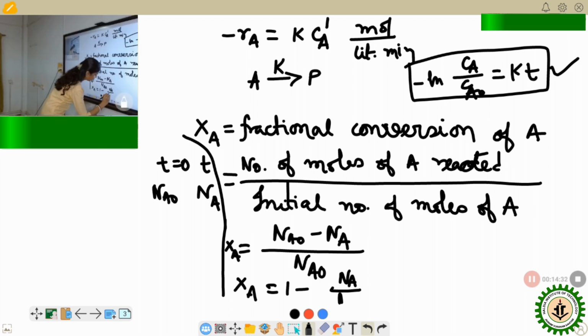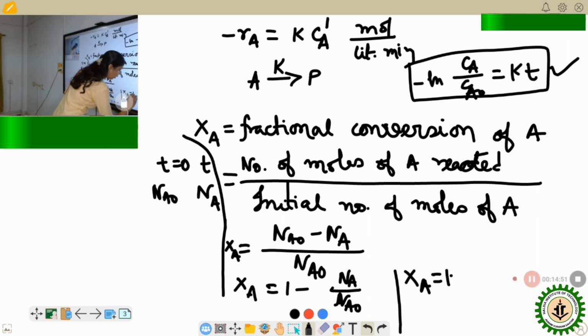If I convert this number of moles with volume, dividing, it will become XA equals 1 minus (NA by V) by (NA0 by V).